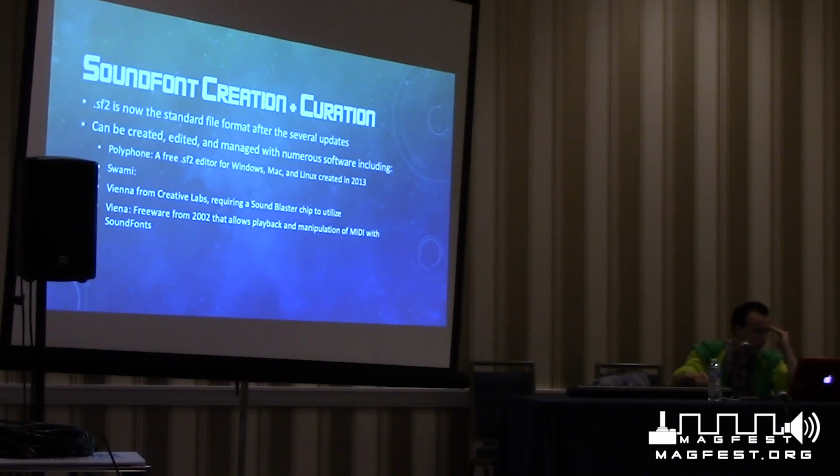So you get software like Polyphone, which is free for anyone to use, Vienna with 2 N's, sort of Creative Labs' attempt to throw their hat back into the ring after Emu Systems acquired the license for it and made it their property. Then there's Vienna with 1 N, which means nothing.